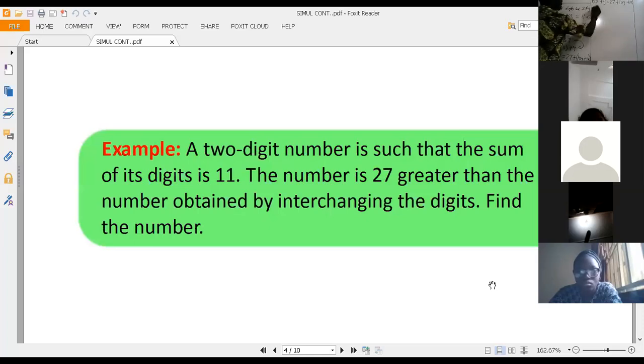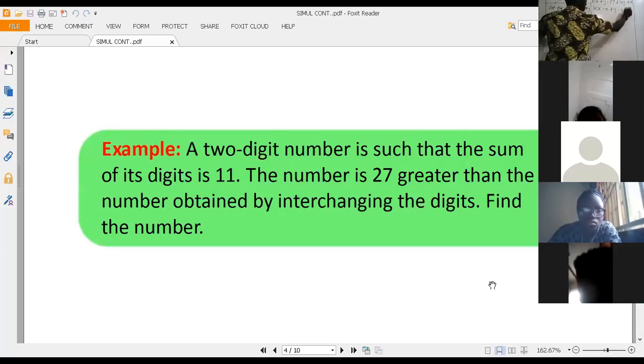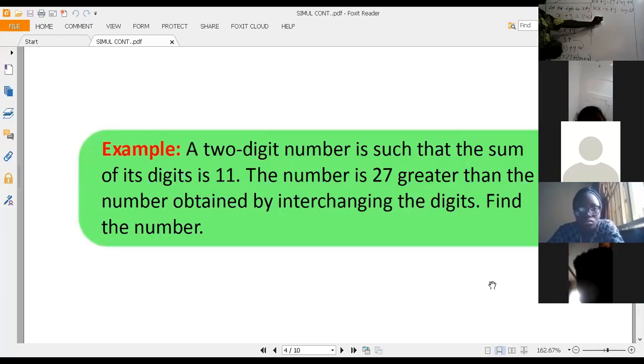So we have 10x minus x, that is x moving to this side, plus y minus 10y equals 27. Collecting like terms, we take y for y and x for x.